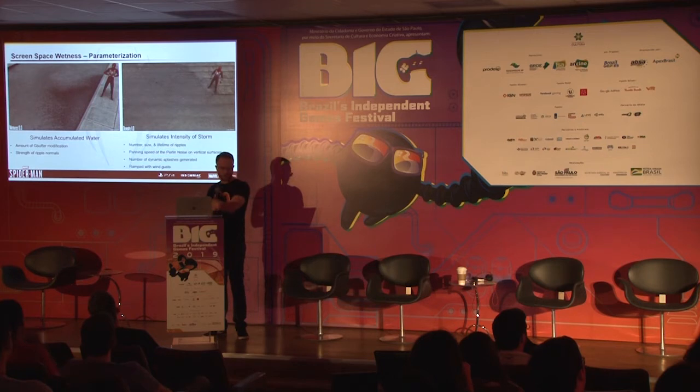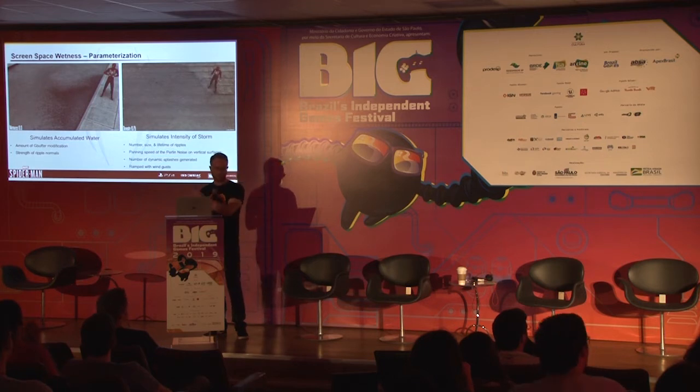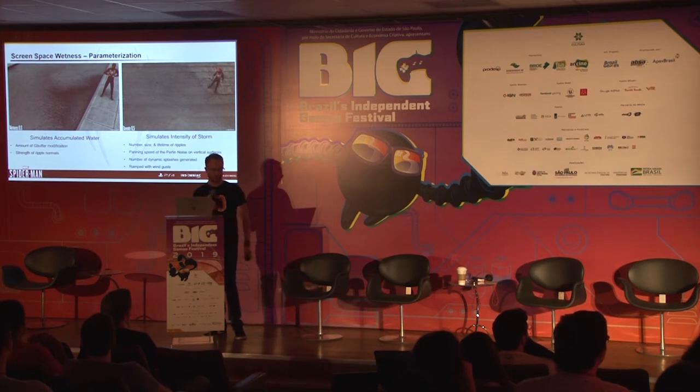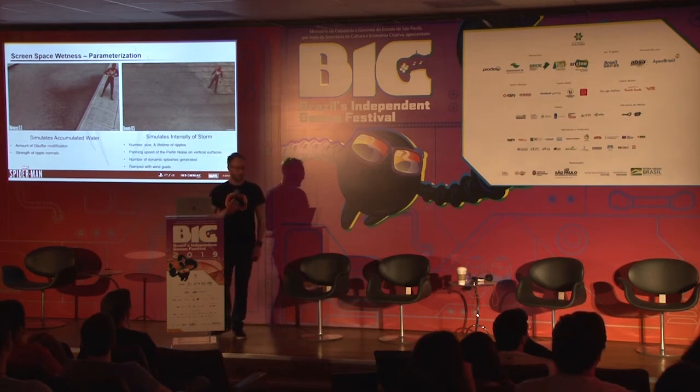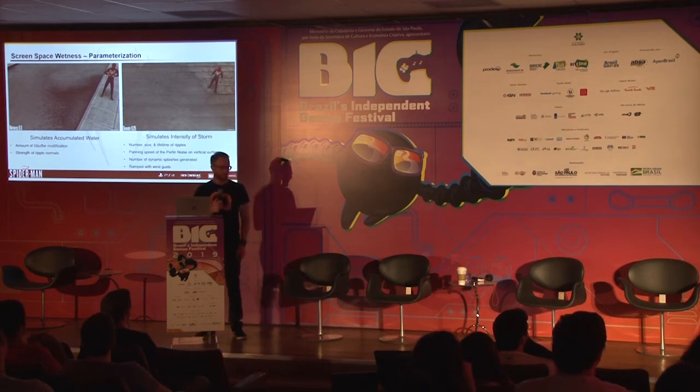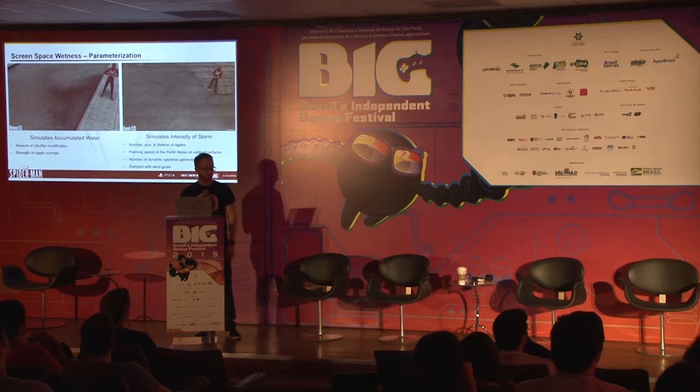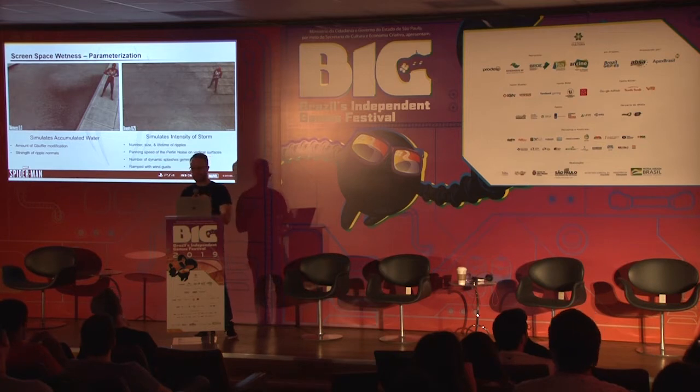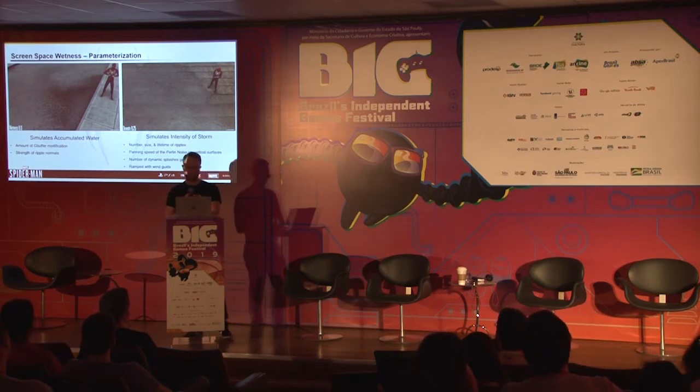If you look closely, it might be a little bit hard to see, there are wind gusts that are generated, and you can see the ripples move in a specific direction. So we were pretty happy with that. We thought it gave the artist and the lighting artist enough control over how intense they wanted their storm.